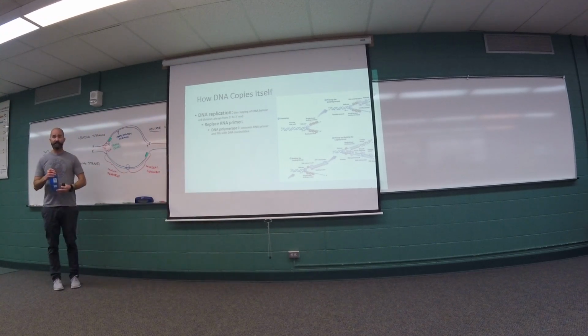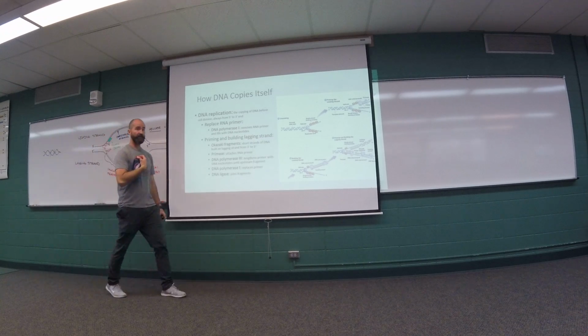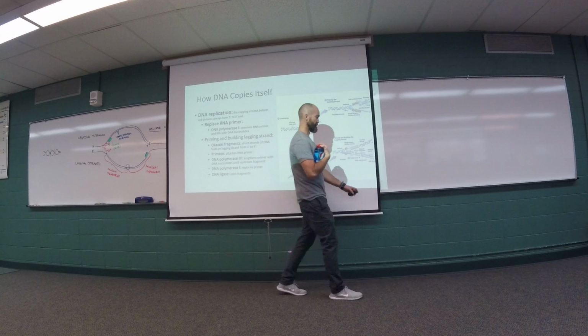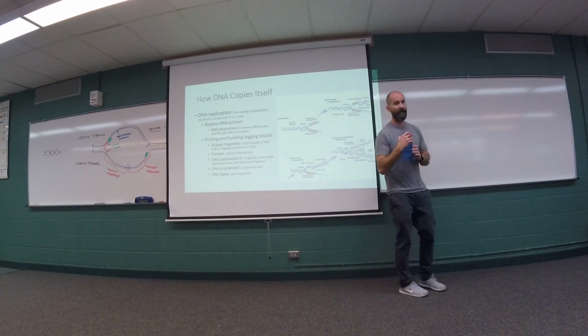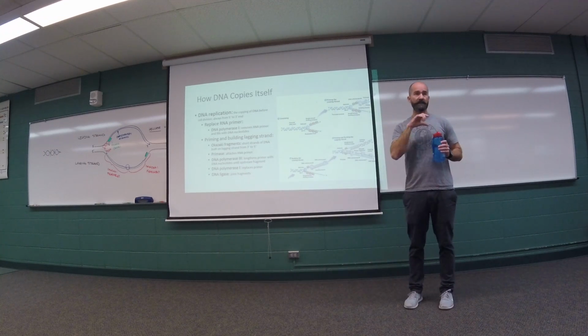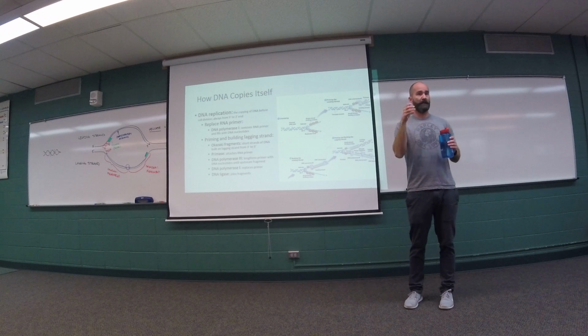We then need to replace that RNA primer with DNA nucleotides, and DNA polymerase I accomplishes that. That's leading strand replication, really. Lagging strand replication is a little bit different. It occurs in discrete fragments called Okazaki fragments. Functionally, it's the same thing. At discrete points, we have the application of an RNA primer.